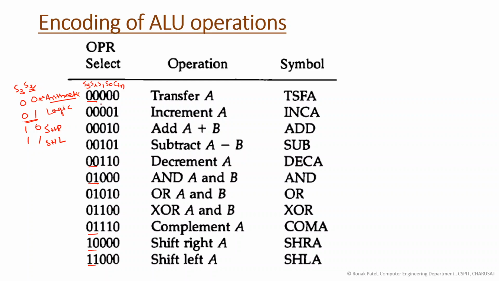So when you write 00000, 5 bits, using this, it's an arithmetic operation. Now these 3 bits, just remember the thing that we have discussed in the practical of ALU, right? Using this, you get to know that S2 is 0, S1 is 0, and C in.